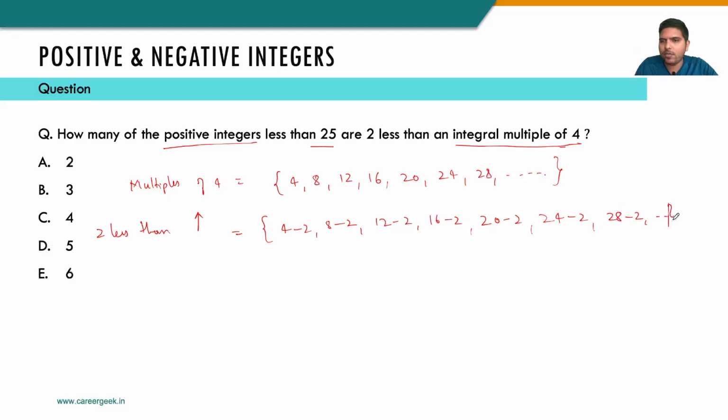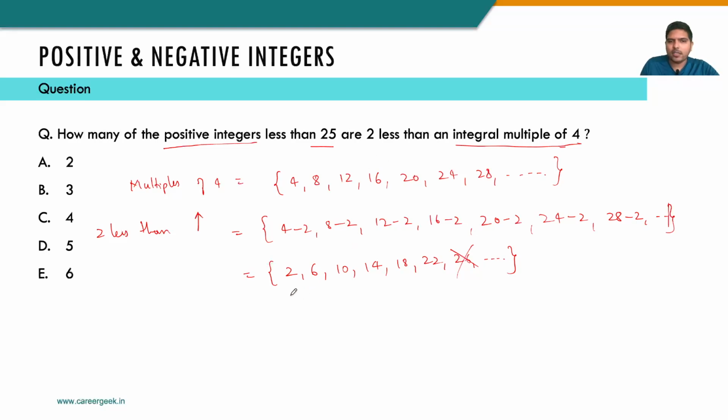Now, if I solve this, I get 2, 6, 10, 14, 18, 22, 26 and so on. The question is asking how many positive integers less than 25. We are only bothered about less than 25, so 26 goes out.